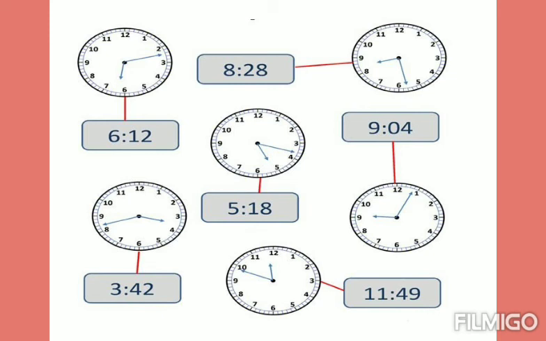That means at 2 it is 10 minutes covered. After that it has covered 2 small divisions, which means 12 minutes have been covered. Now the hour hand is between 7 and 6, so we can read the time as 6:12, that is 12 minutes past 6. And look at the next one.